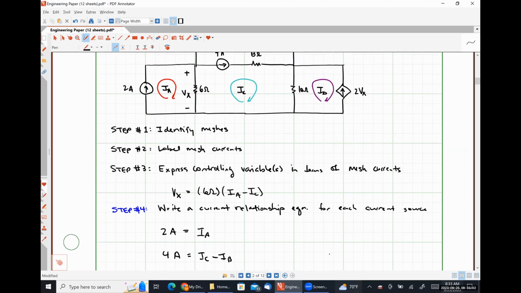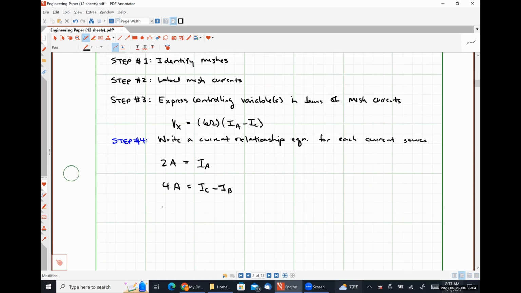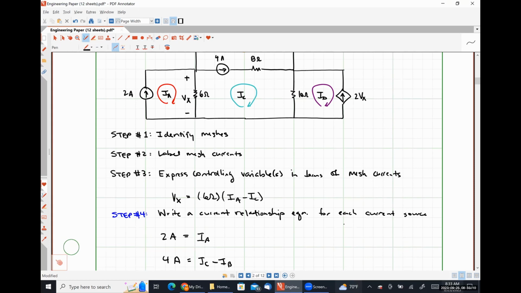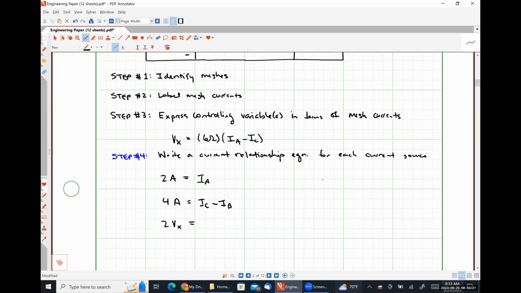Lastly, we have the 2Vx dependent source. So how am I going to express that in terms of my mesh currents? Negative ID. Absolutely correct.